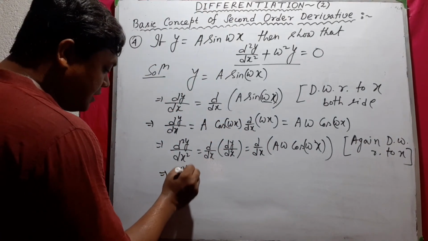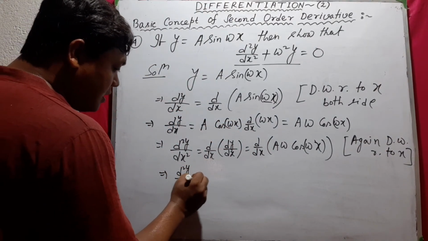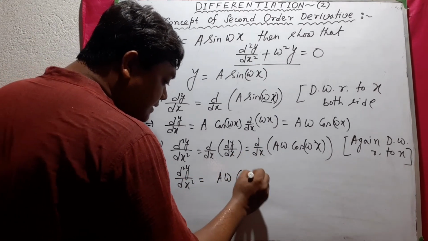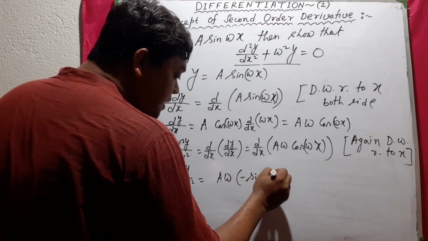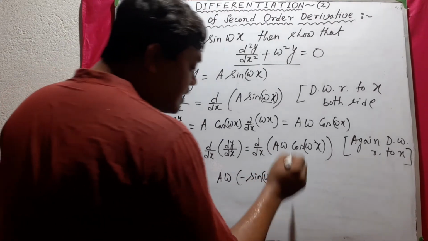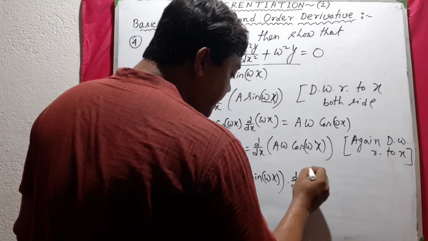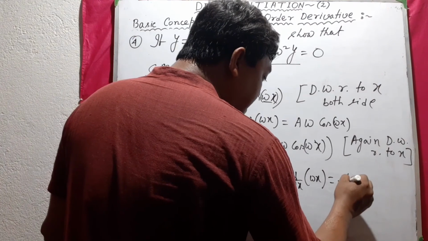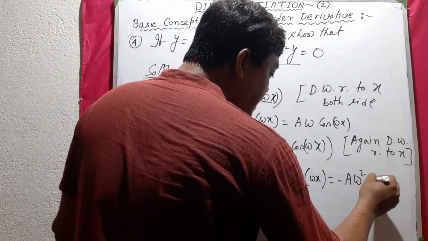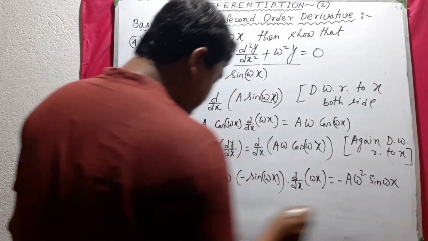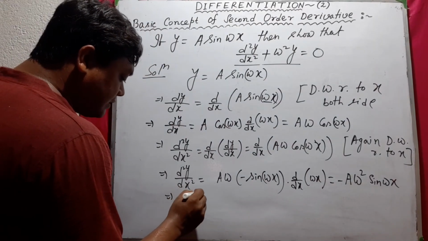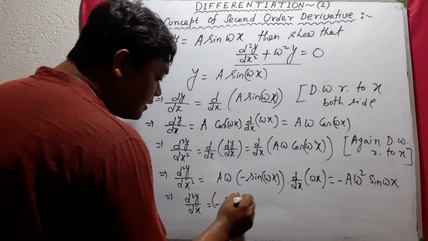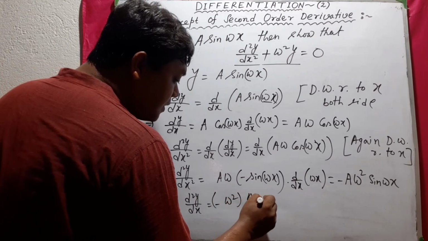So d2y/dx2 equals a omega মাইনাস কোসাইন cos ওমেগা x এর ডেরিভেটিভ মাইনাস sin ওমেগা x এবং d/dx অফ ওমেগা x। তো এখান থেকে একটা ওমেগা চলে আসবে, তাহলে পেলাম মাইনাস a ওমেগা স্কয়ার sin ওমেগা x। So d2y/dx2 equals minus omega square a sin omega x.